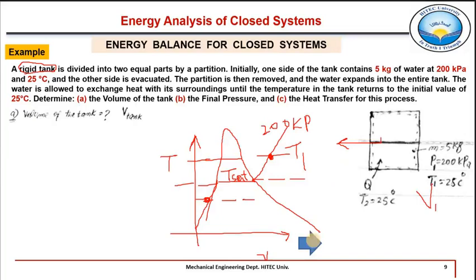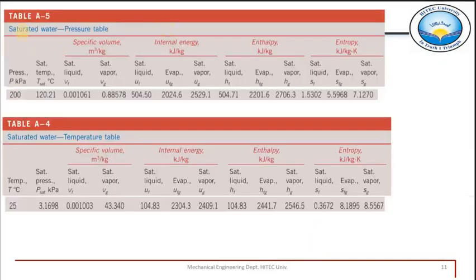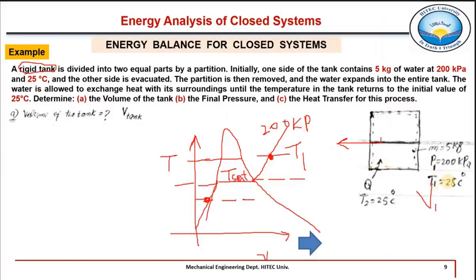So let's go to the steam table and see what is T sat at this pressure, 200 kilopascal. Here is the saturated water pressure table. For a given pressure of 200 kilopascal, T sat is 120, and in our case T1 is 25.